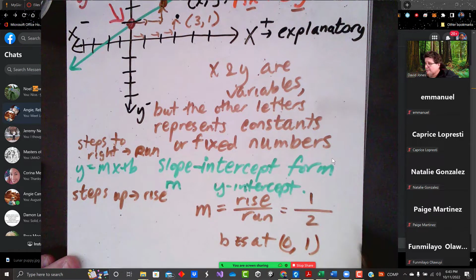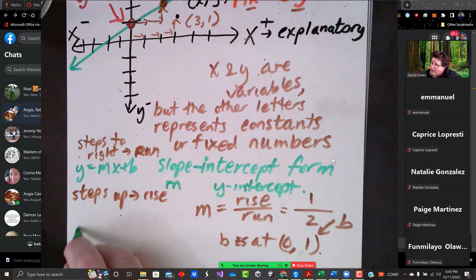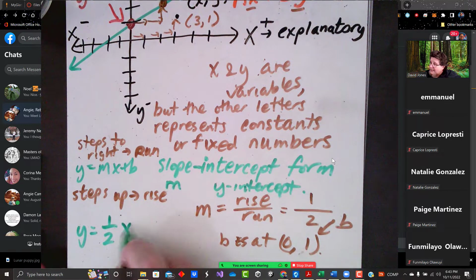So that value is my b. So I can write that green line as y equals m, which is 1/2, x plus 1.